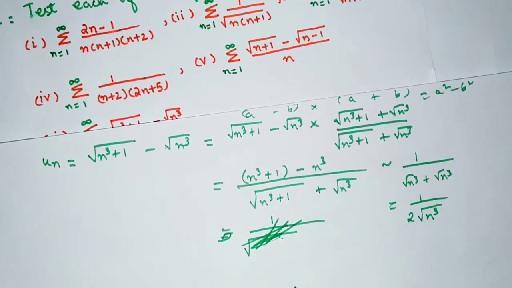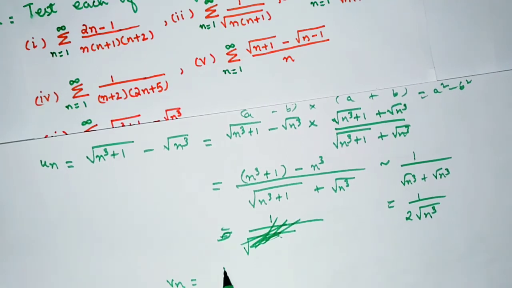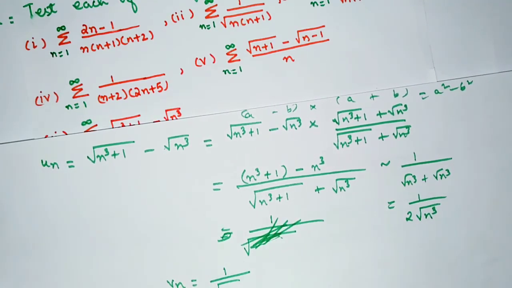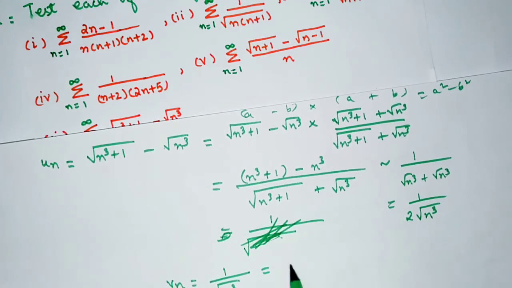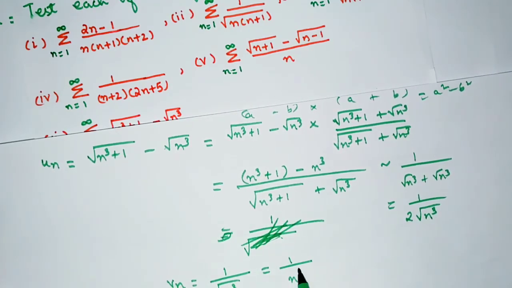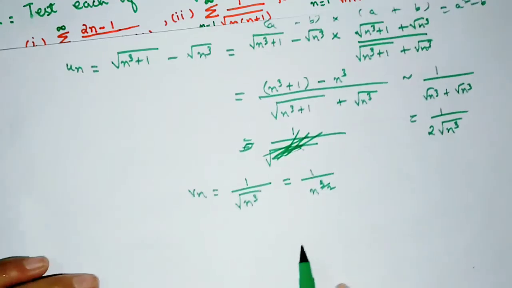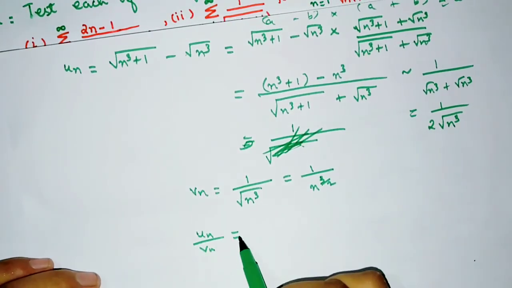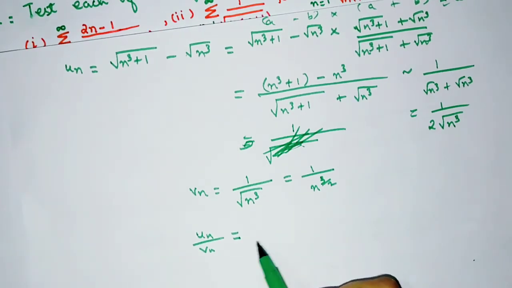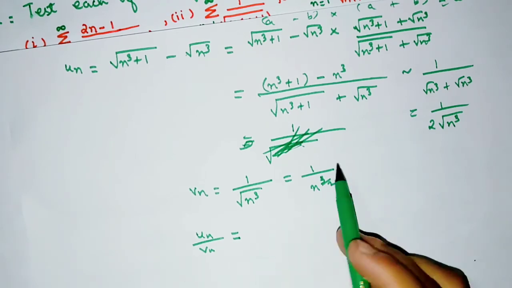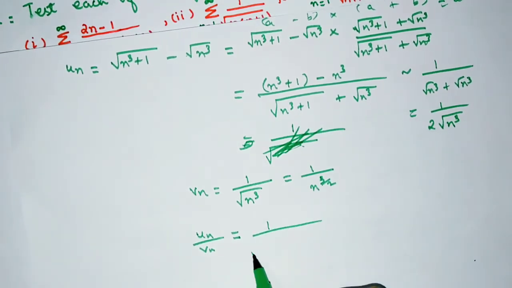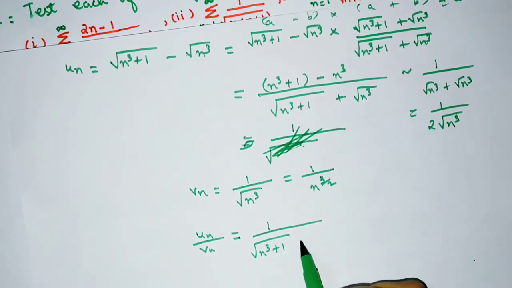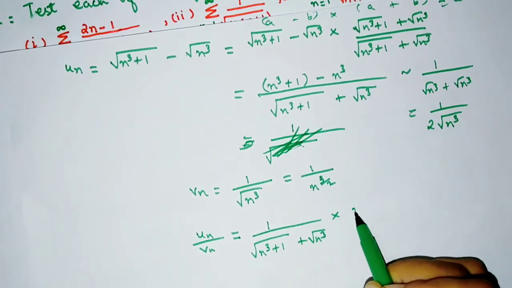So from there our Vn is 1 upon root n cubed, and that is equal to 1 upon n to the power 3 by 2. Now divide Un by Vn. Our Un is 1 upon root n cubed plus 1 plus root n cubed. Divide by Vn, divide by this.